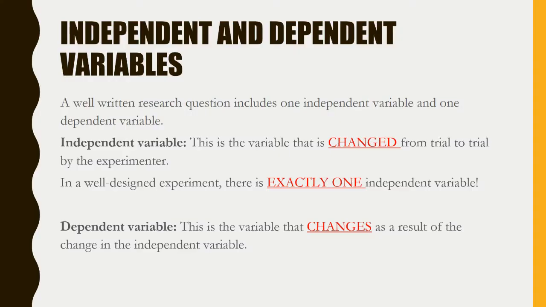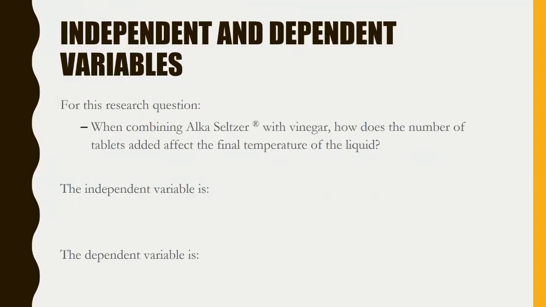Now that we've hit that, let's talk about identifying variables. We're going to take the first research question: when combining Alka-Seltzer with vinegar, how does the number of tablets added affect the final temperature of the liquid? The first question is, what is the independent variable? Remember, this is the one that you're changing. In this situation, what are you physically changing each trial?